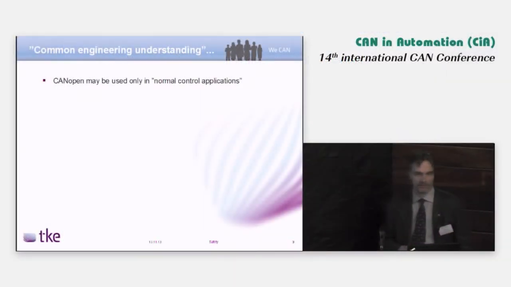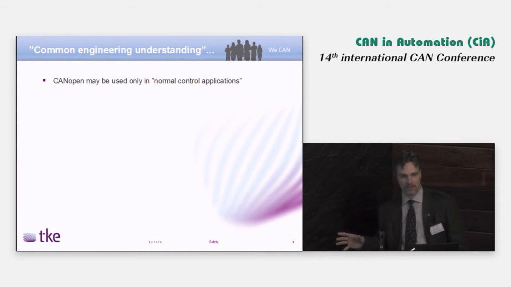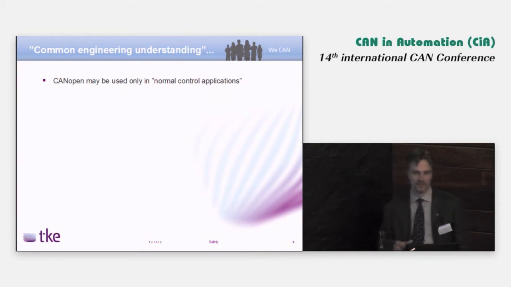Many people in machinery automation are saying that CANopen can be used only for control applications, which are, let's say, applications where there is no relationship with functional safety.